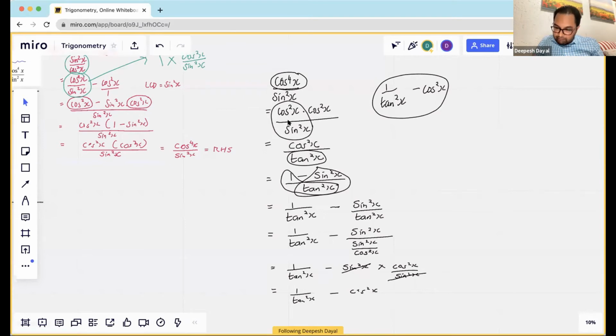I think what's very important here that you use often is this. Oh, what's going on with my marker? Okay, let's do this here. This part here, where you split it up into 2 fractions, right? This is very important.